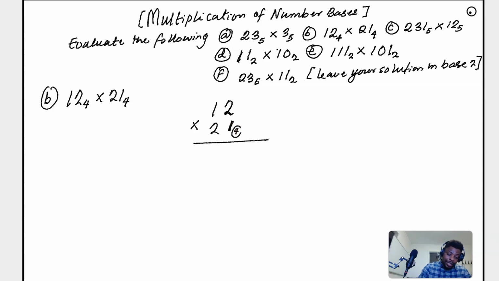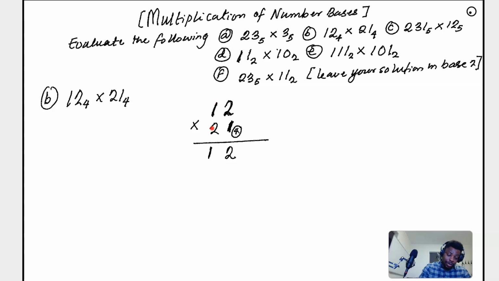And 2 is less than 4, so we are good. We don't have to do any division here because the result we are getting is less than the base. So we write 2 there. 1 times 1 is 1. 1 is less than the base, so we are good. You write 1. So we are done by multiplying 1 with 1 and 2.